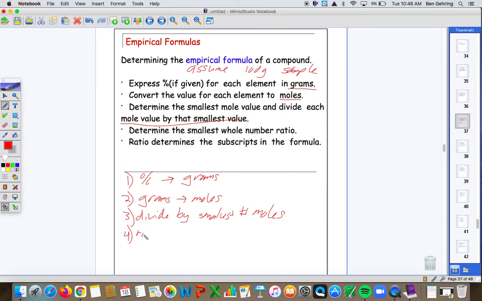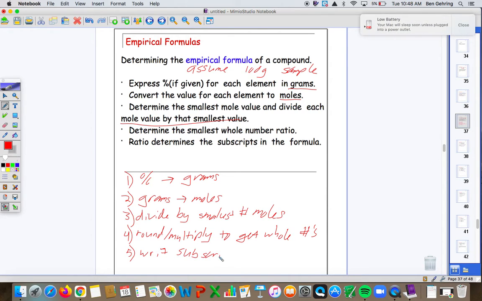You're going to either round or multiply to get whole numbers. And step five, write subscripts. Okay, so this is the process we're going to be going through.